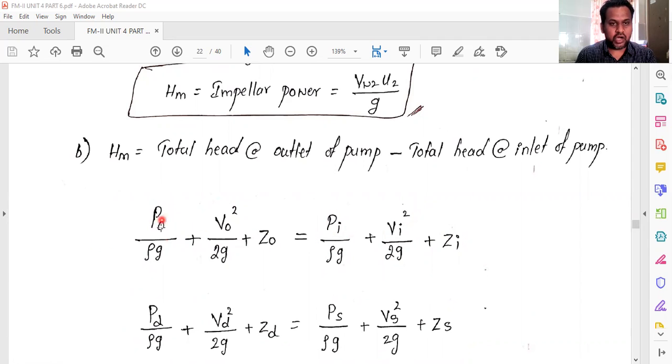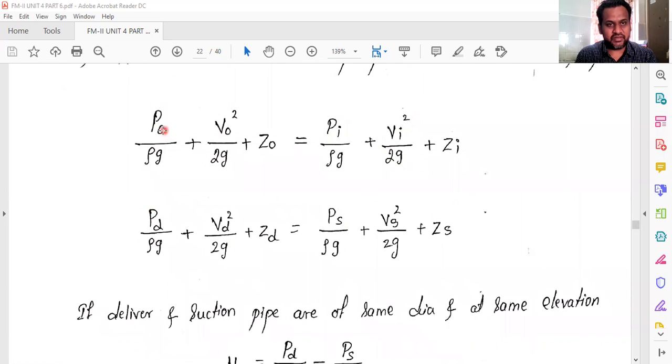Now you know outlet is nothing but the delivery point and inlet is nothing but the suction point. So instead of outlet, I am writing delivery. That is PD by rho G plus Vd square divided by 2G plus Zd is equal to PS divided by rho G plus Vs square divided by 2G plus Zs.